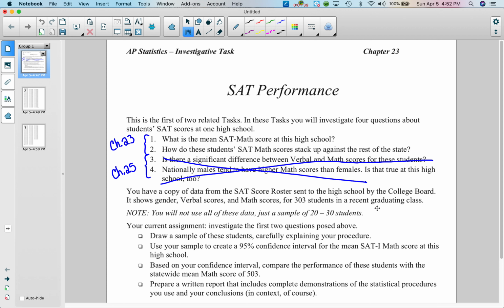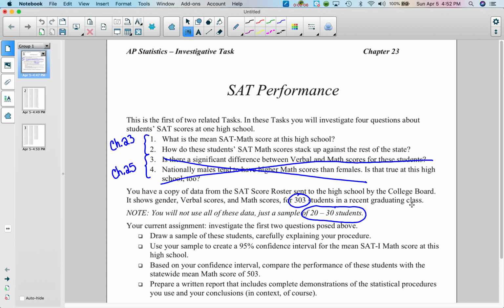It shows gender, verbal scores, and math scores for 303 students in a recent graduating class. So they've given you some information there. They're telling you that n is 303 students. They're telling you that you have some verbal scores and math scores, and we know the gender, so we have all this information. Note, you will not use all of these data, just a sample of 20 to 30 students.